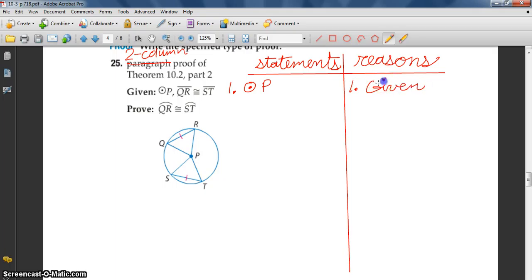So, given a circle, so what are all of these lengths? These are all the radii. Will they be congruent? Yes. So we can state that all of our radii are congruent.